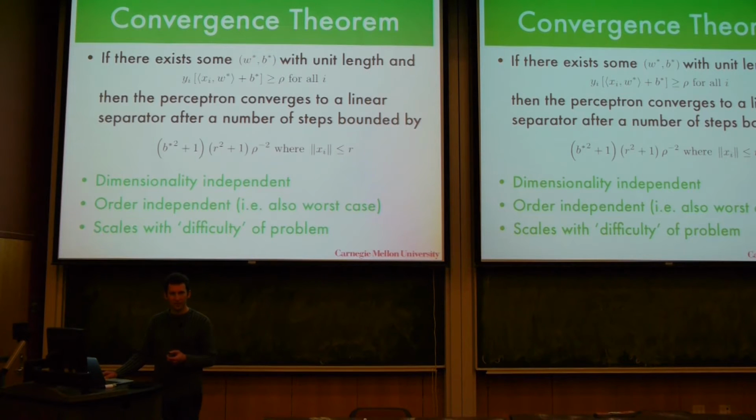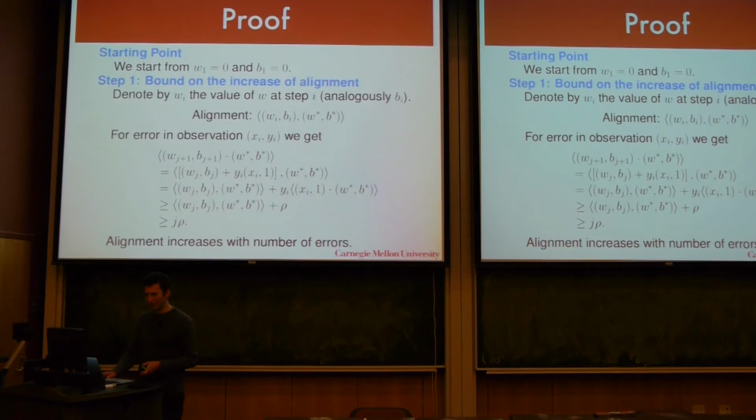Okay. So now let's prove this. It's going to be the first slightly more mathematical part of the class, so hang on tight. It's a simple proof, but it's an important one. Essentially, this proof has two parts. The first thing we're going to do is lower bound how much our parameter vector w_i, b_i, the one I have after observing error i, is going to be aligned with the separation.